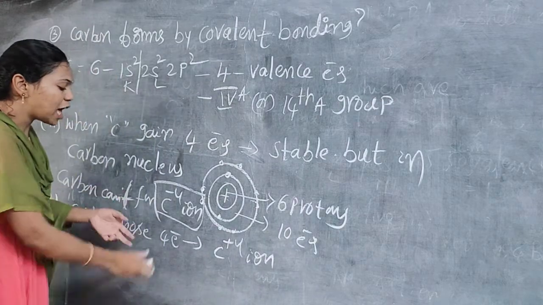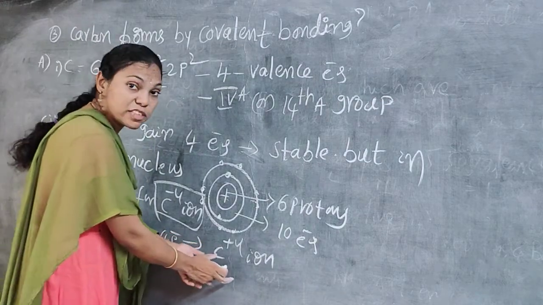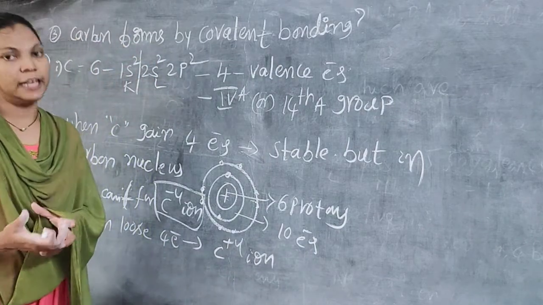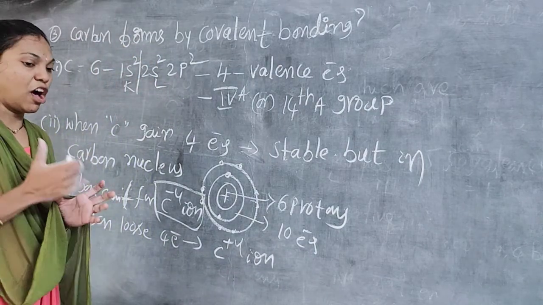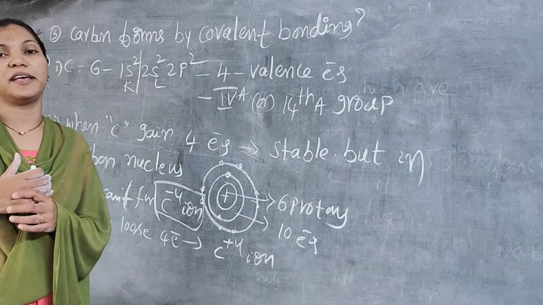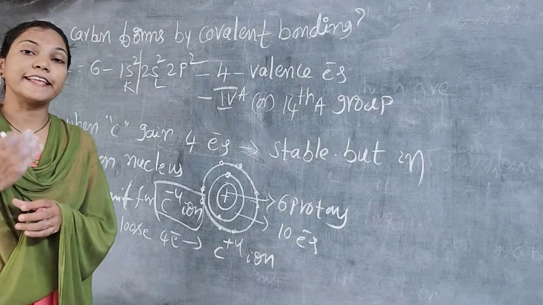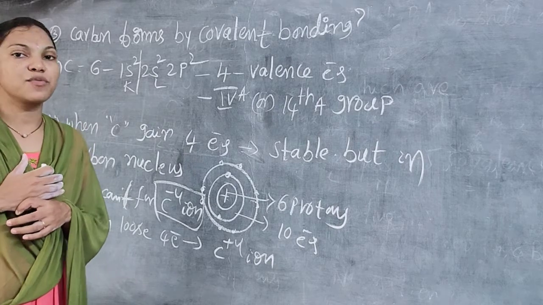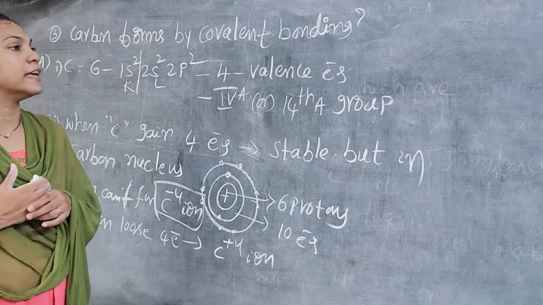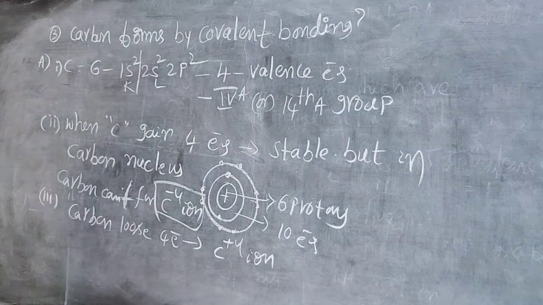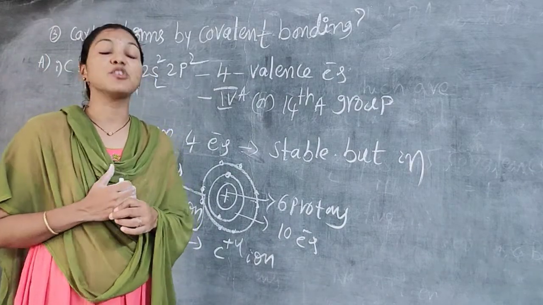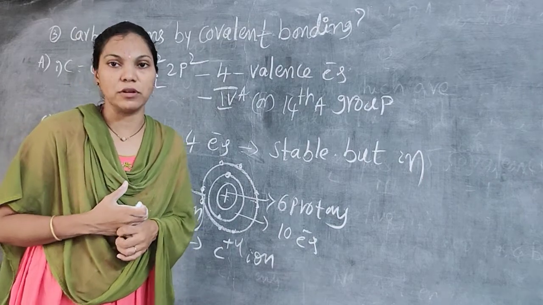When carbon loses 4 electrons, it wastes a lot of energy, or it needs a huge amount of energy. That's why it is also highly impossible. That's why carbon always shares electrons with other atoms or with its own atoms to produce covalent molecules.